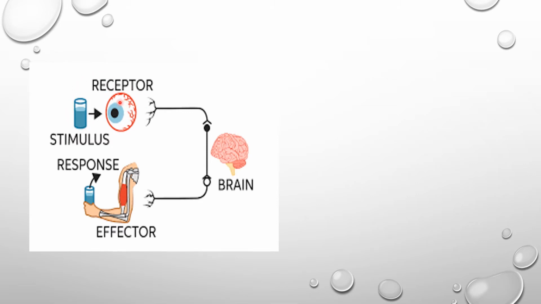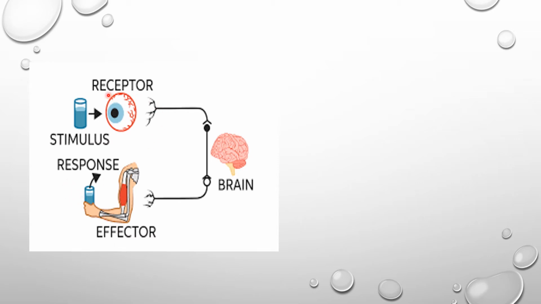This message is sent to our brain through the nervous system, and our brain says that there's a glass of water and to take it. That message is again sent to your hand. The hand is the effector organ, the organ which shows the response to the received stimuli. So our hand takes that glass of water.